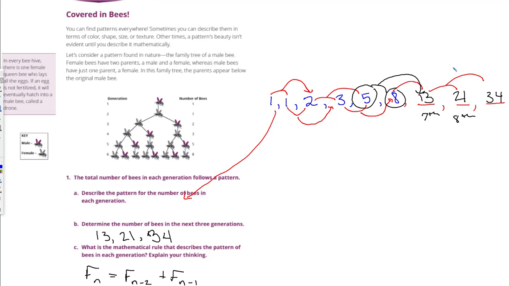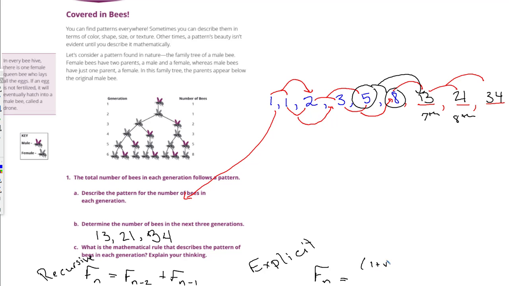But we typically like to have things where we can actually just plug it in, and that's called the explicit. So this is the recursive. And the explicit just says I can plug in and come up with a formula. The Fibonacci explicit is a more complicated formula.